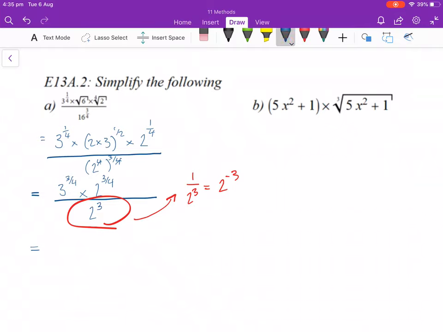So when we simplify this, the 3 to the 3/4 stays the same, and we get 3 to the 3/4 times 2 to the power of negative 9/4. But we like to write our answers with positive indices. So let's say that this is equal to 3 to the 3/4 over 2 to the 9/4. Okay, let me just tidy up that little bit of red there.